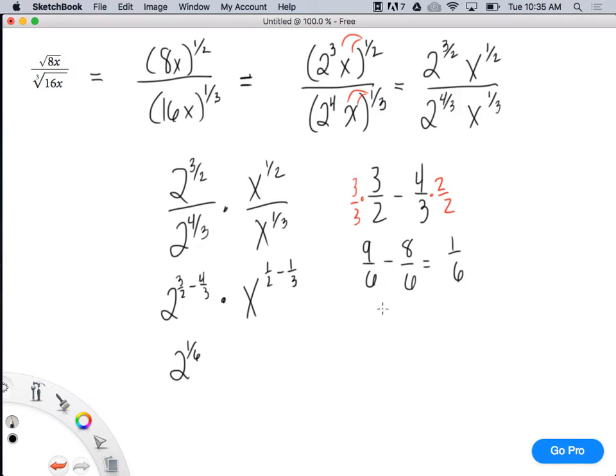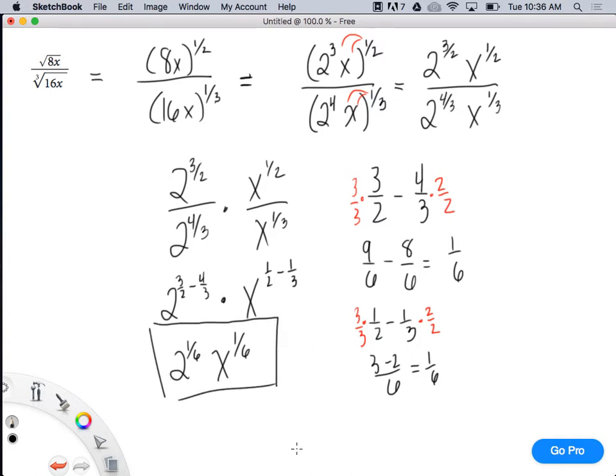Multiplied by x to the 1 half minus 1 third. 3 over 3, 2 over 2 becomes 3 minus 2 over 6 equals 1/6. X to the 1/6. Okay, and I'm done. That's the answer. That's the final answer. You guys understand this?